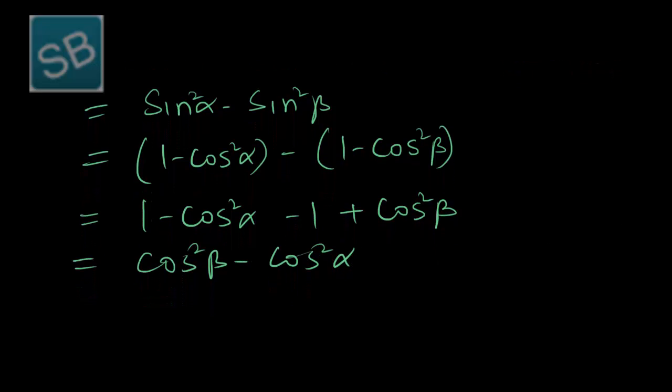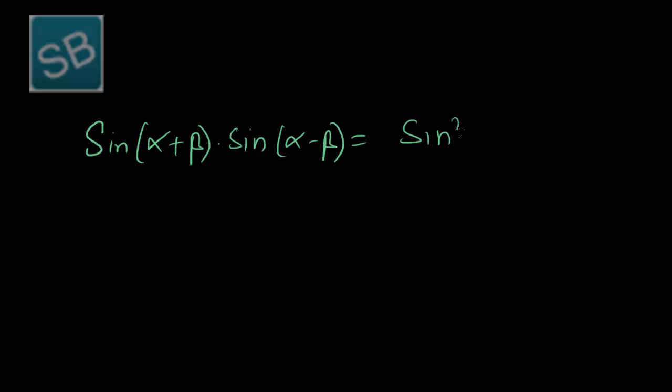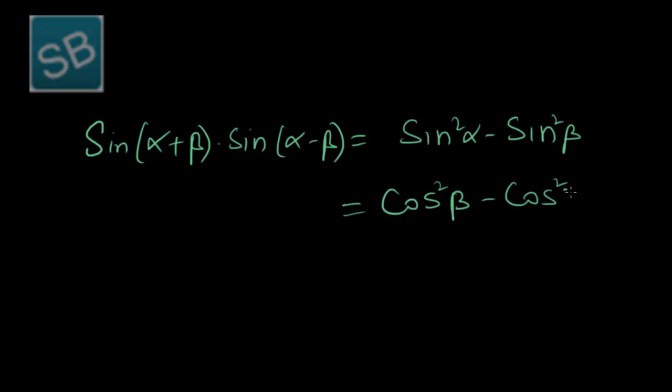Hence we get that sine alpha plus beta into sine alpha minus beta is equal to sine square alpha minus sine square beta, which is equal to cos square beta minus cos square alpha. So this is the result which we get by using the addition formula for sine and cosine, or using the identity sine square theta plus cos square theta.